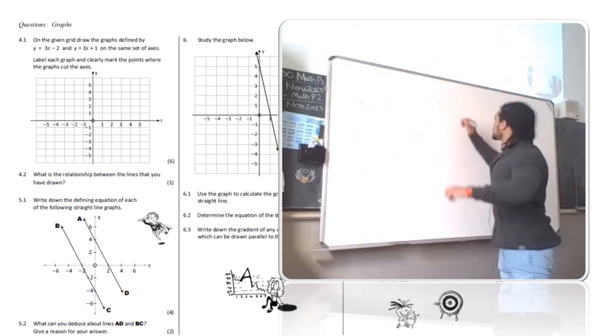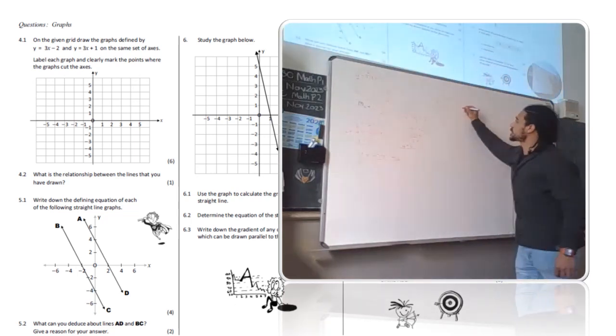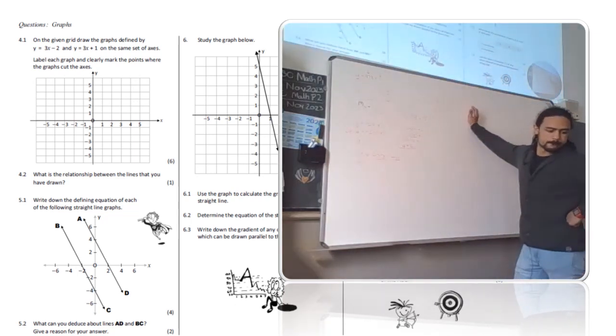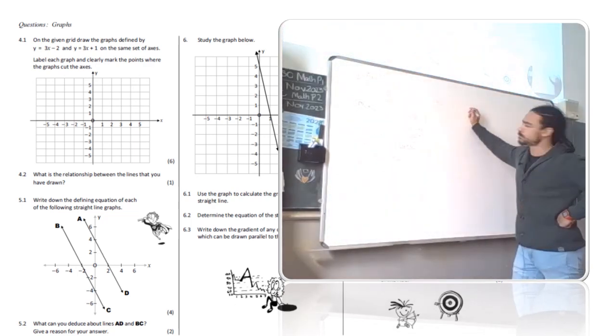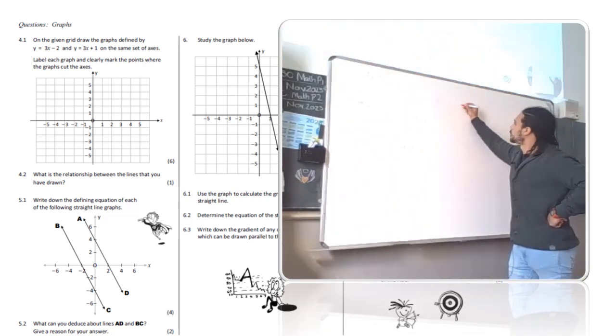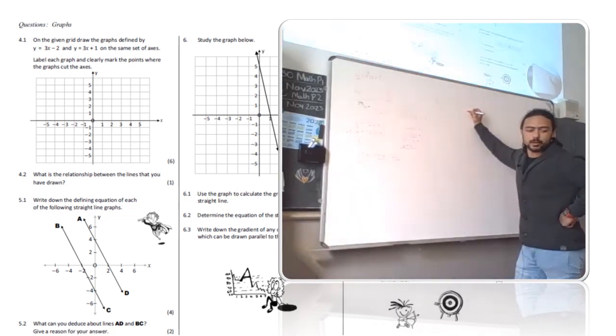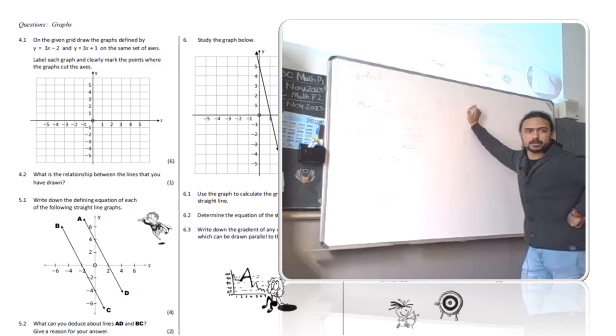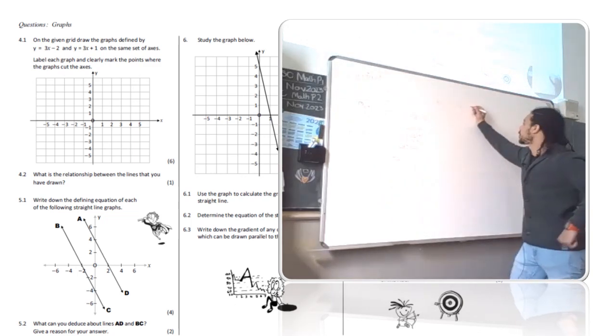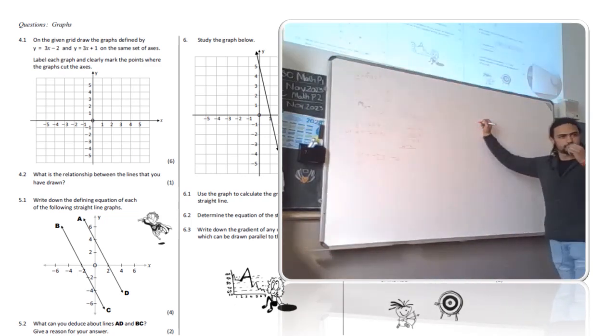Alright, she says, where x, what is your x value there? Negative 2. And what is the corresponding y value there by negative 2? 0. Well done. And then the other one?